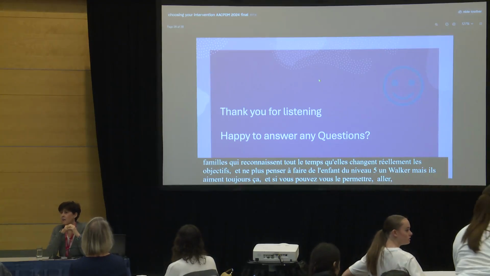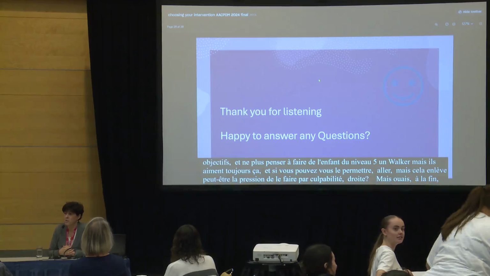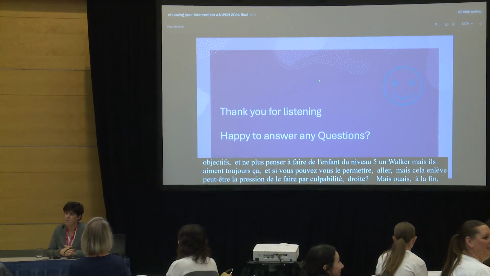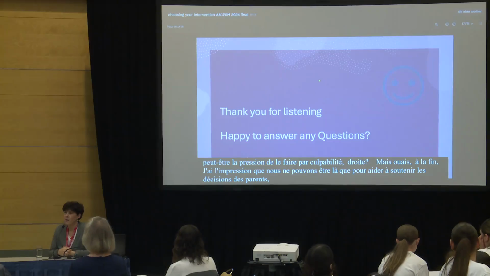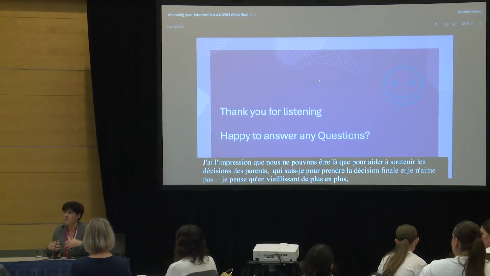In the end, I feel like we can only be there to help support parents' decisions. Who am I to make the final decision? With getting older and older, this idea of I know it and you have to do what I'm telling you, no, that's not right. It's a joint discussion, and hopefully it can be informative.